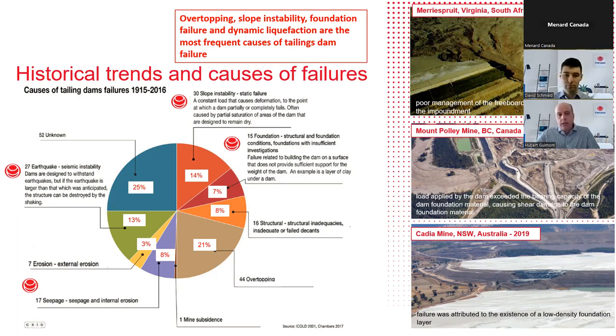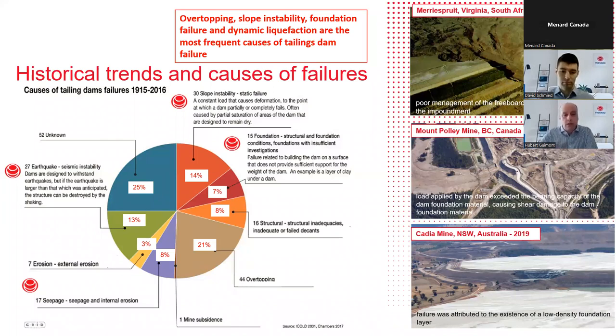If we go back into the historical trend, this is from ICOLD, we can see that failures are mostly caused by ground instabilities, actually. It can be slope instability for static failure, it can be foundation issues, or it can also be related to seismic instability.